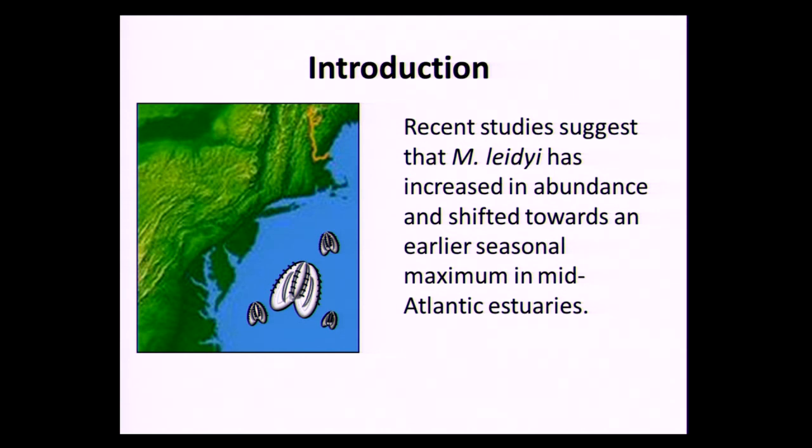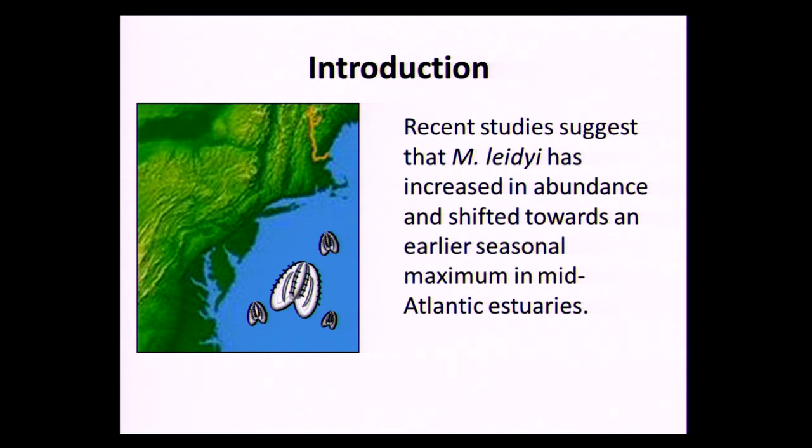Like I said, it's a summertime resident. We usually expect those blooms typically in the late summer, September, even into the fall, into October. What I found in Great South Bay and Peconic Bay is that they're on the order of 2 to 5 times greater in abundance than they were historically in the '70s and '80s, and they're occurring 2 to 3 months earlier.